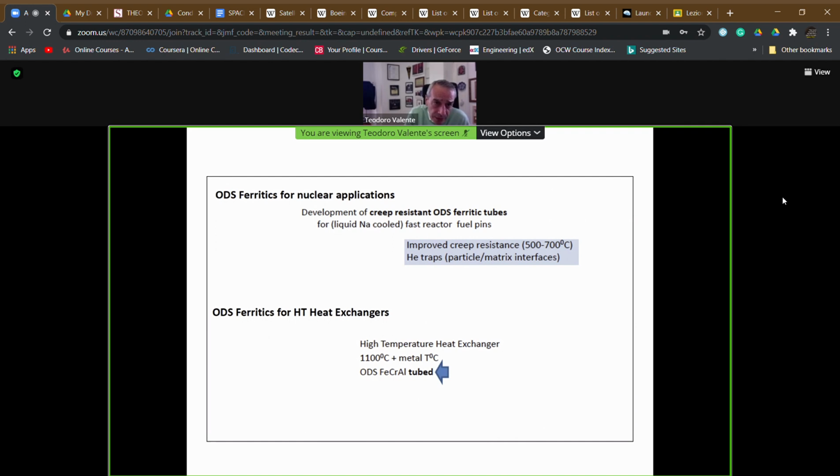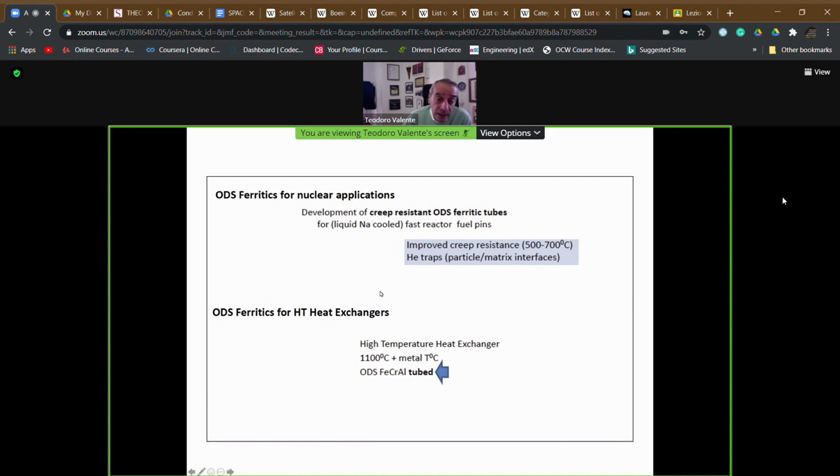The first is related to nuclear applications, for the fabrication of pipes, these tubes of ODS ferritic steel, for liquid sodium cooled fast reactors. Here we can give benefits in improved creep resistance, but you see the temperature is not one for which we can expect a very consistent diffusion creep.